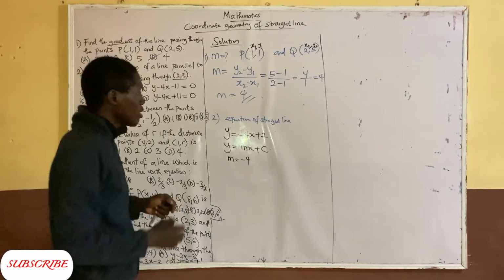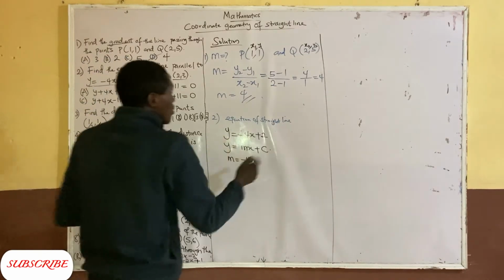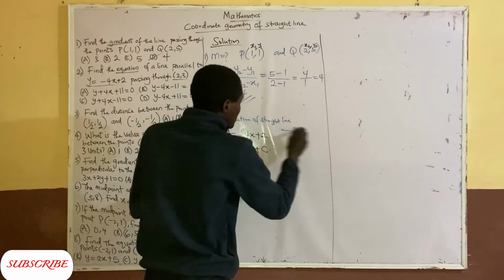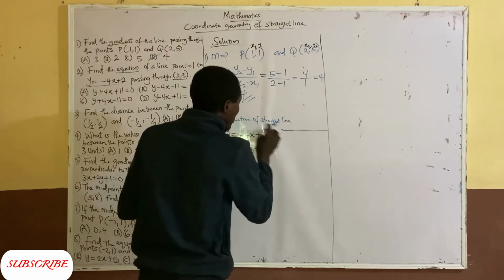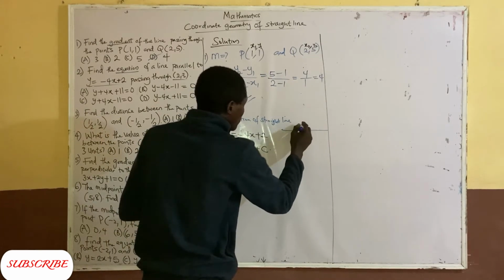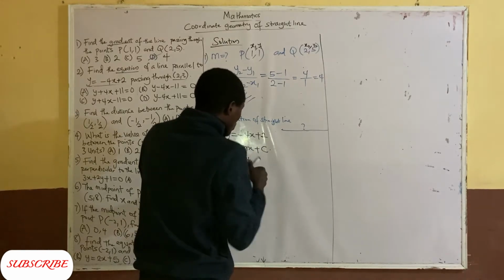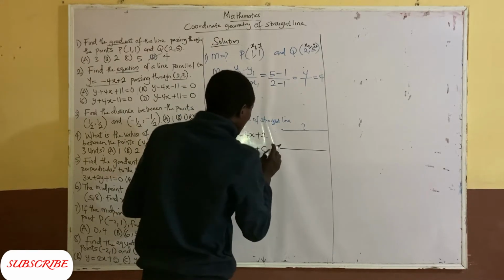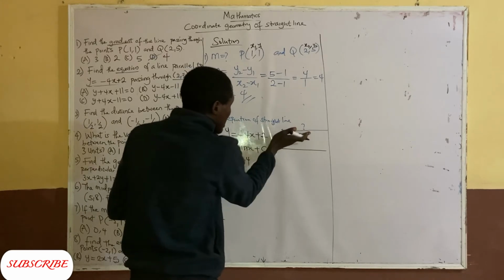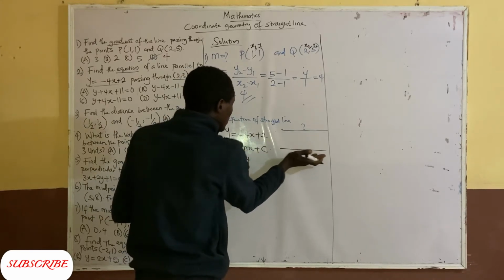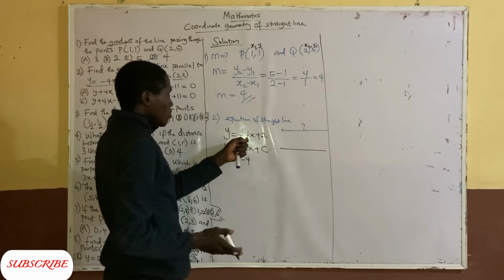Because they tell us that the equation of the straight line we are about to obtain is parallel to the given line, this line is parallel to the given line with equation.